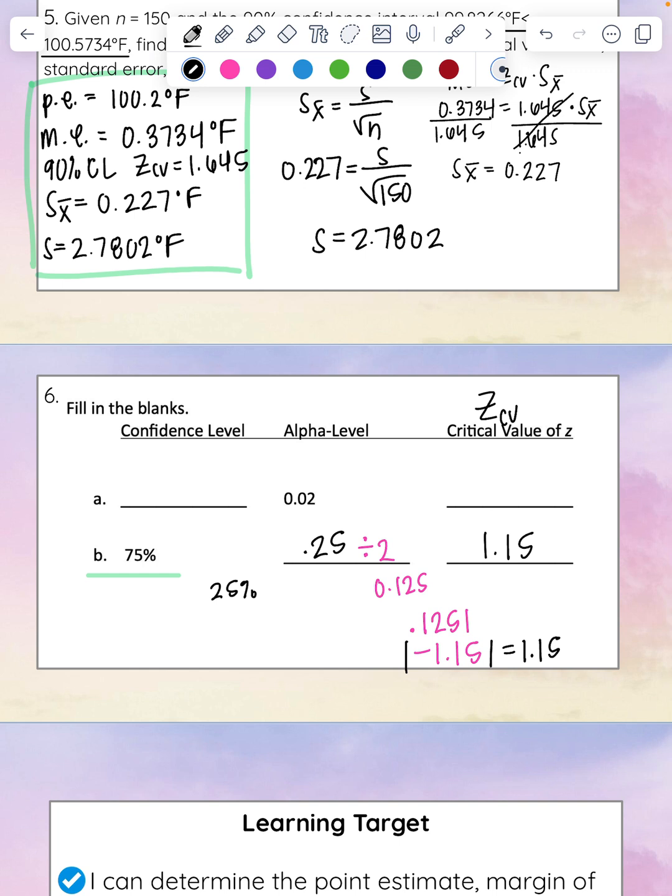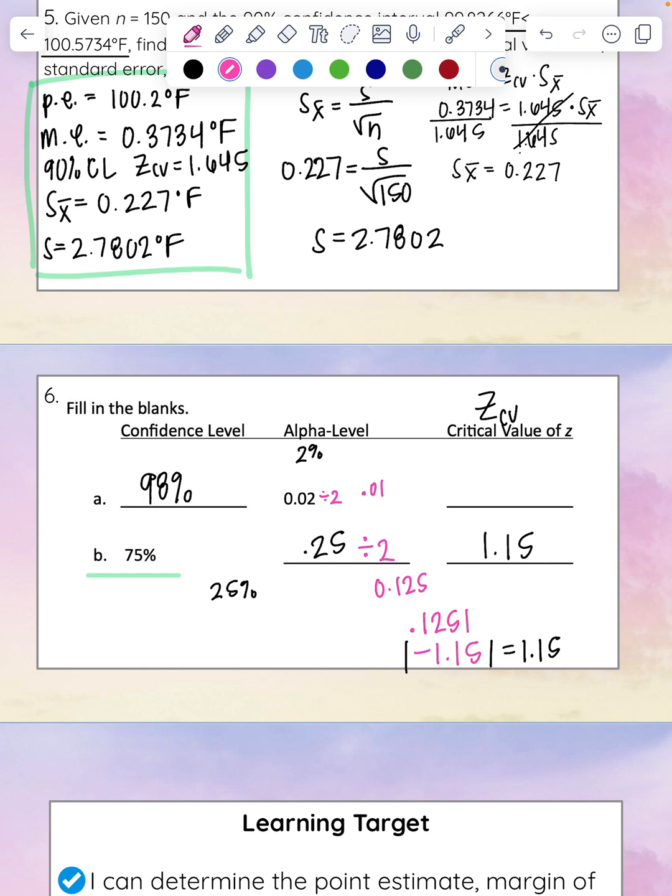Okay, so working kind of backwards, if alpha level is 0.02, that's 2%. So if there's a 2% chance of error, that means I can be 98% confident. Now I'm going to divide my alpha level by 2 to get 0.01. Now I'm back at my table, looking for the decimal closest to 0.01.